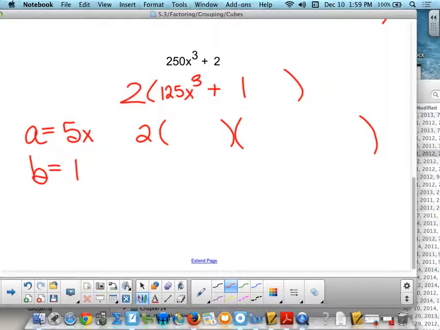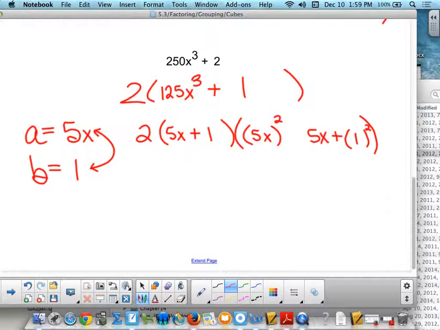In the first one, it's going to be 5x plus 1 times, careful here, x squared. You square what? Oh, you're putting parentheses in. The 5x. Back here, you square the b. The b is what? 1. In the middle, it's just these two multiplied, 5x.